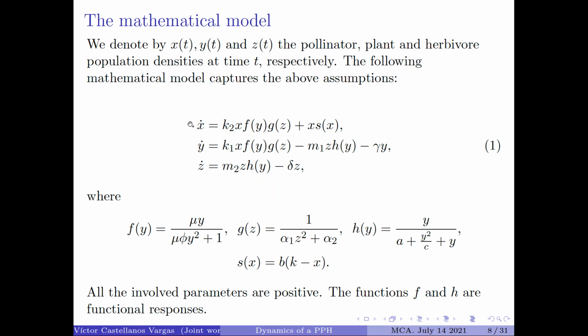Here, the growth of the pollinator depends on this equation. And the growth of the plant depends on this form, and on the pollinator in this equation, okay?